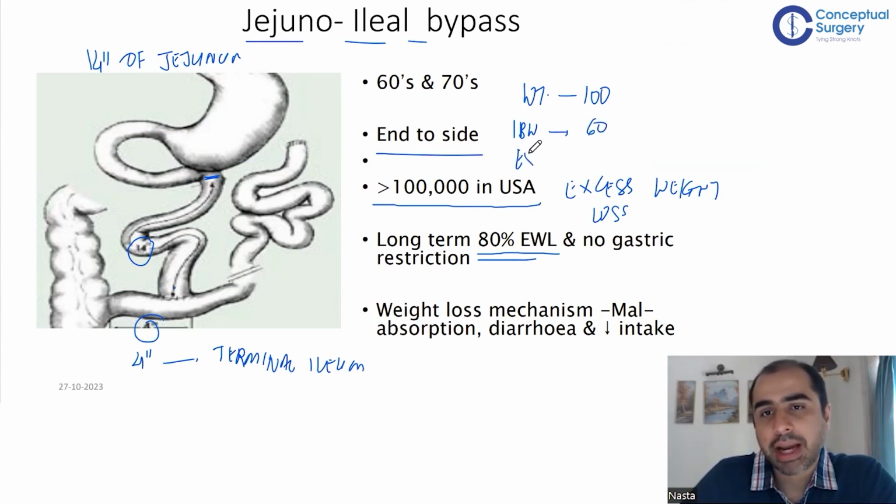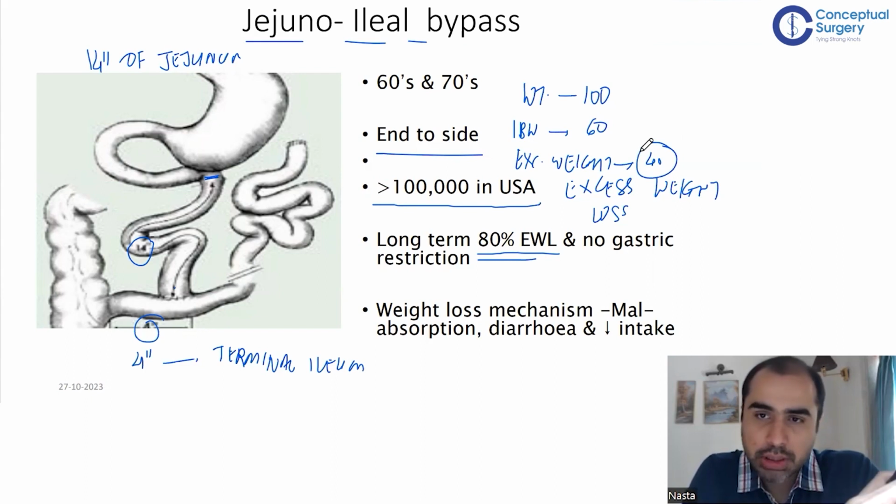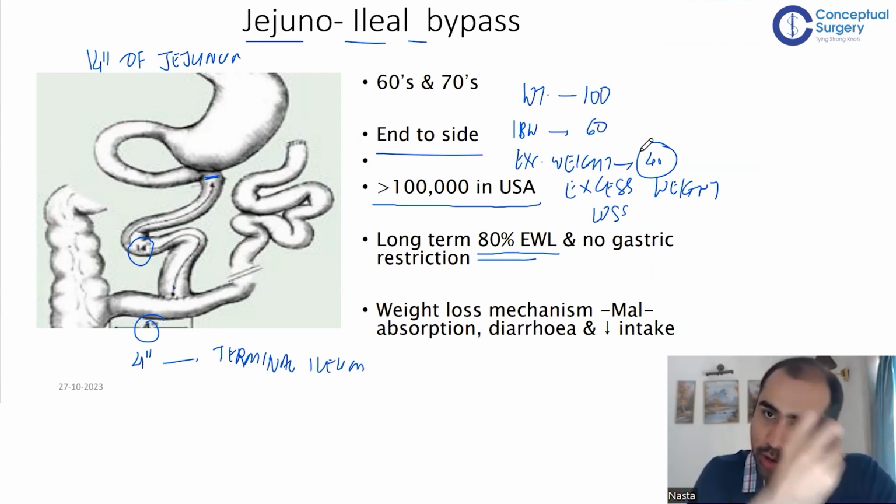So how much am I overweight by? I am overweight by 40 kilos. If I lose 30 kilos out of 40, that means my excess weight loss is 75%. If I lose all 40 kilos, my excess weight loss is 100%.